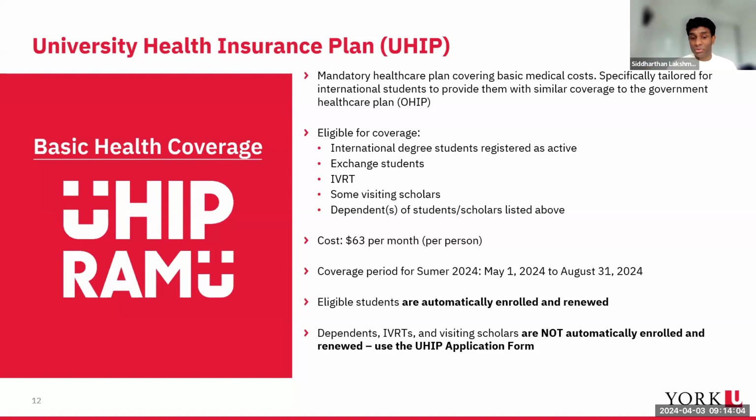However, it's a key point to note that for dependents, IVRTs, and visiting scholars, you're not automatically enrolled or renewed into the program, but you just need to fill out the UHIP application form, which is a pretty simple online form that you need to fill out and provide some documentation to ensure that you get enrolled under the UHIP plan.